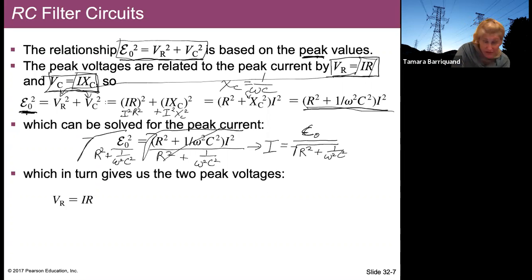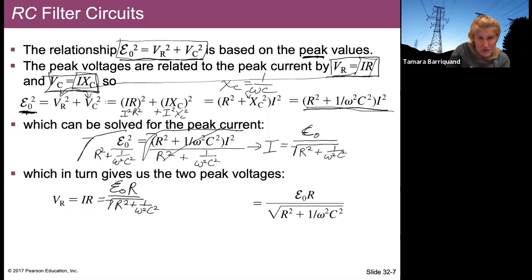So if I have IR here and I put in what I have for my peak current, I have EMF naught times R over the square root of R squared plus 1 over omega squared C squared, which is much better written there.